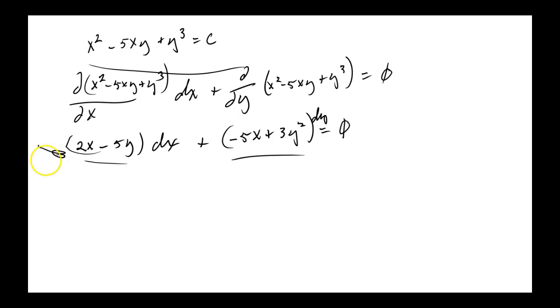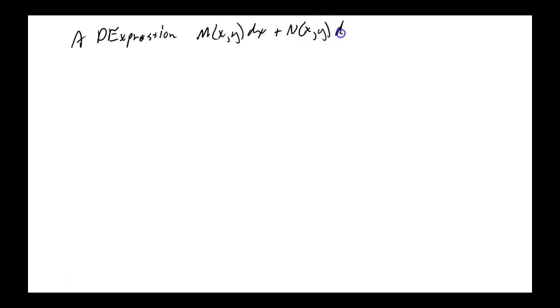So here's the definition. I'm going to start with a clean slate here because this is a wordy definition. A differential expression, D stands for differential, M of xy dx plus N of xy dy.